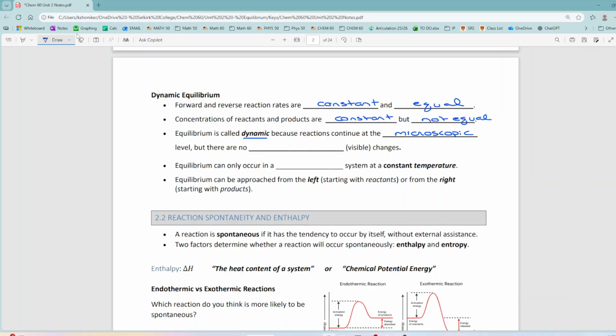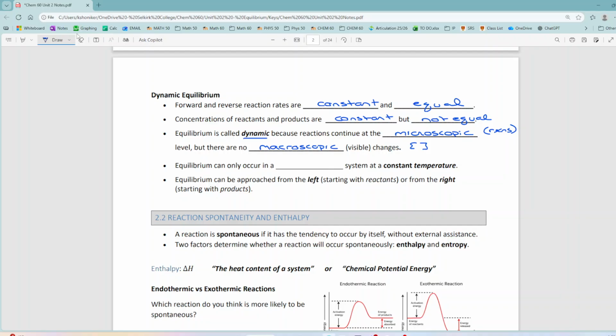So you don't see any macroscopic changes, but you still have reactions continuing at the microscopic level. So equilibrium is called dynamic because reactions continue at the microscopic level, but there are no macroscopic changes. The easiest way for me to think of this is that the reactions are still happening at the microscopic level, but the concentrations are not changing.